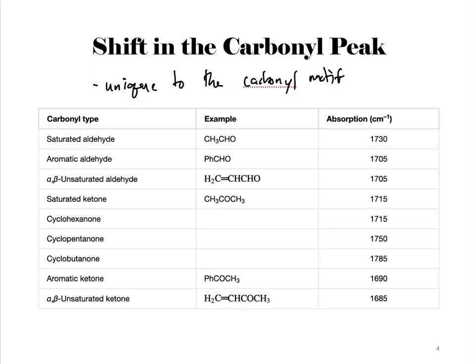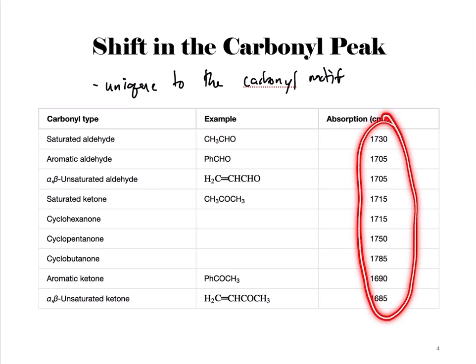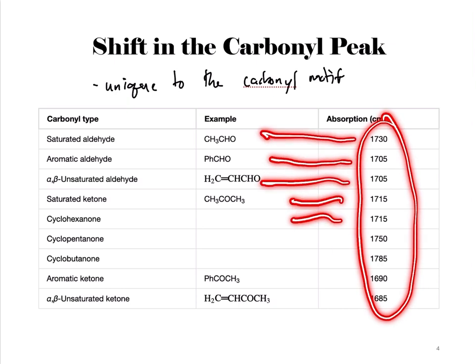And so as we strain the ring more, we're going to basically put more tension into the carbon oxygen bond, and then that's going to cause it to vibrate at a higher frequency. And so based off of these specific values, these are pretty well correlated with their associated structural motif.